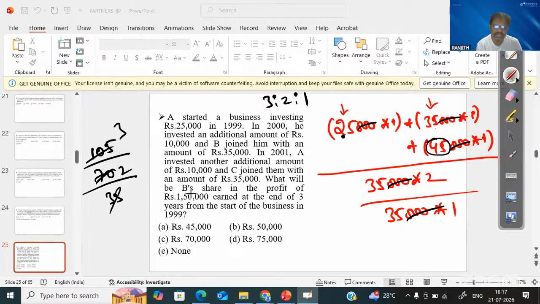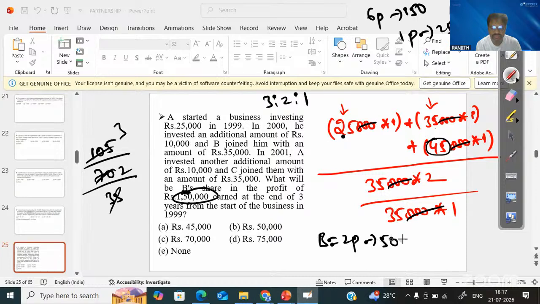And the total profit is 1,50,000. So it will be equal to 6 parts equal to 150, where one part equal to 25. So we need to find out B share. B will be equal to 2 parts. That 2 parts equal to 50,000.